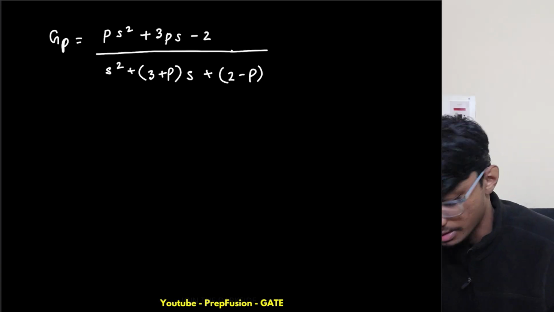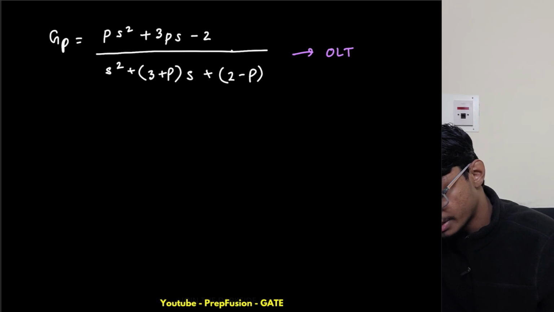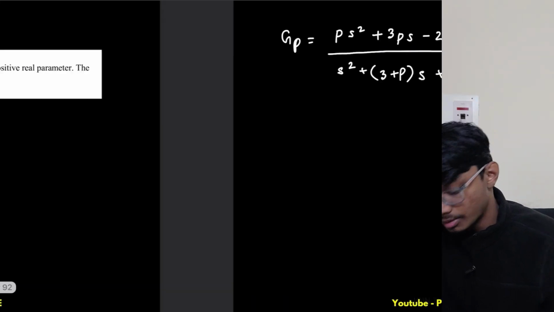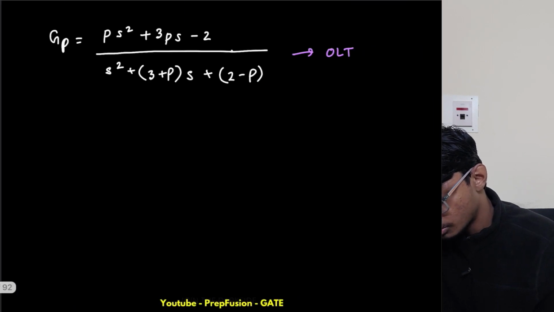So this is basically my Gp, and this is not the OLTF. I don't even care what this is, because they have only asked us to find Gp to remain stable. So I won't write this as OLTF. I just need to find the stability of Gp.